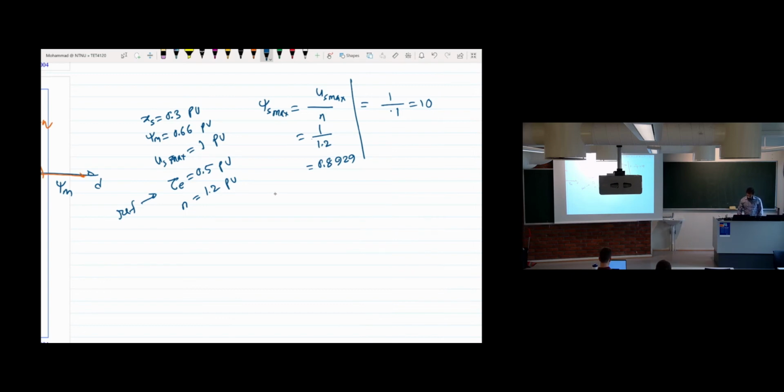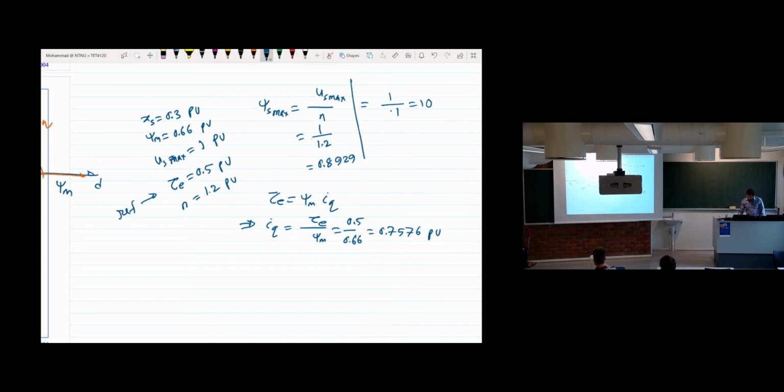So we have the torque equation, which we know: torque equals psi m times iq. And from this, we can write iq, which is torque divided by psi m. We want the torque 0.5 per unit, and we have psi m 0.66 per unit. That gives us the q-axis current, 0.7576 per unit.